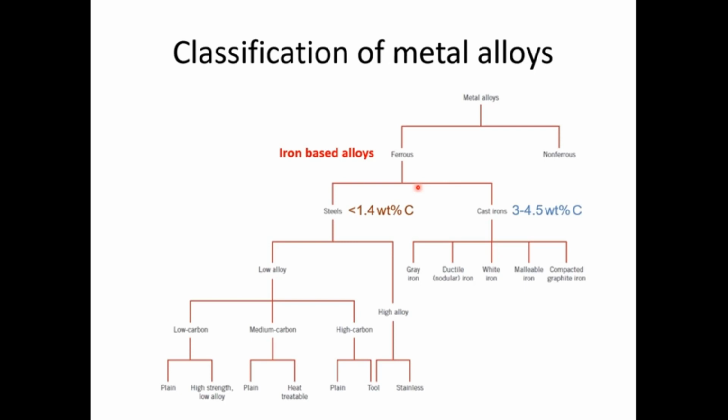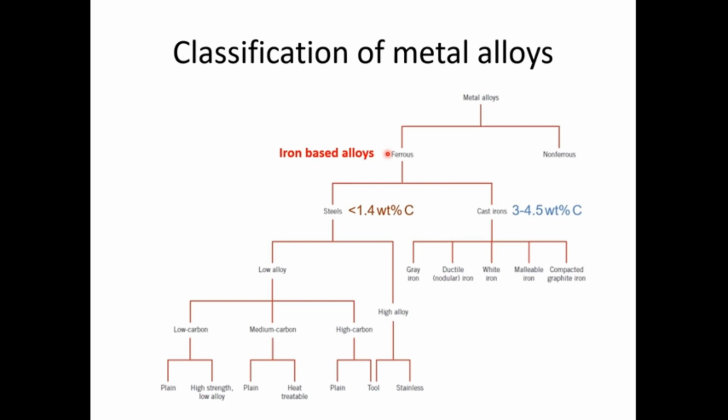Iron itself exists in abundant quantities, so we can extract iron from the earth crust. The second reason why ferrous alloys are produced in larger quantities is because the production is more economic, cheaper to produce the iron based material as compared to other materials.